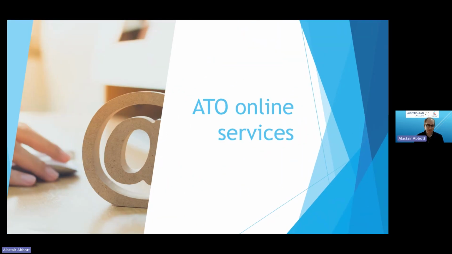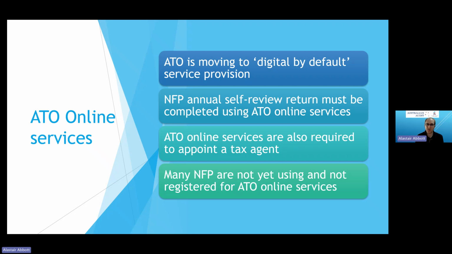So we've seen where we got to with what are the 8 categories, where does mutuality fit into it, and now we come to how are we going to deal with the ATO and where does this new online return fit into things? So before I get to the content of the return itself, what we need to consider is that the ATO is using this lovely terminology where they say they're moving to be digital by default.